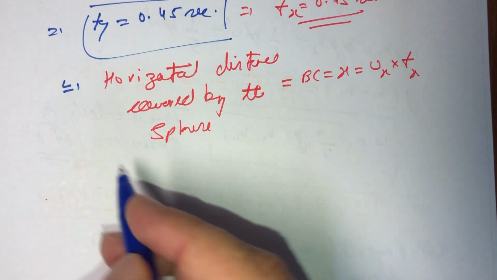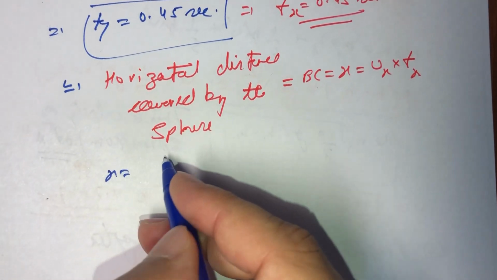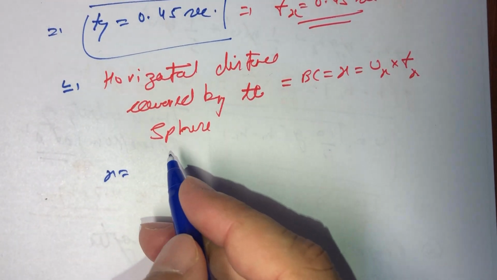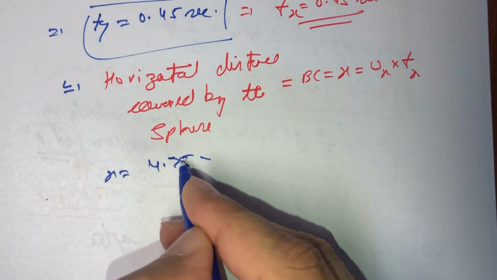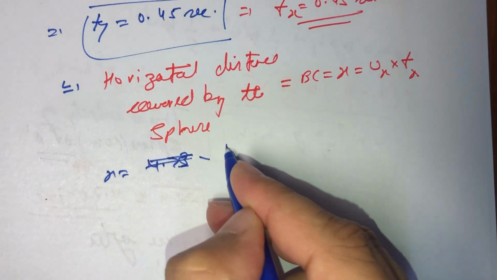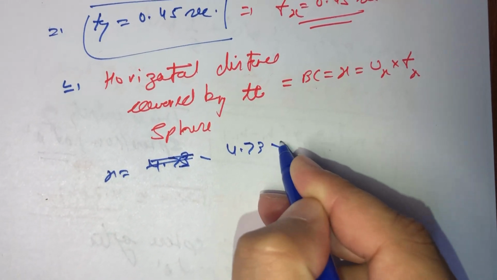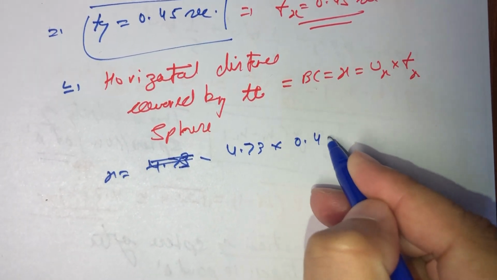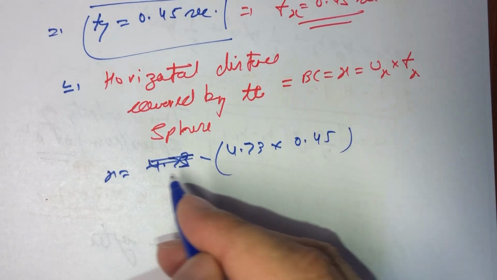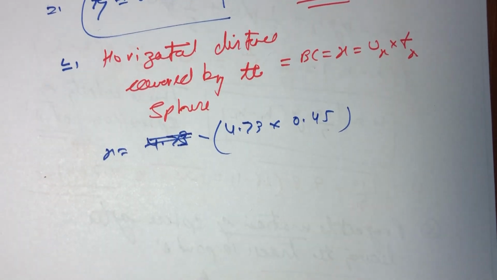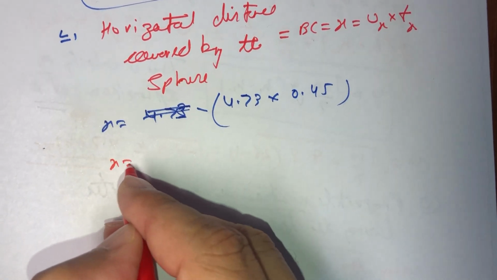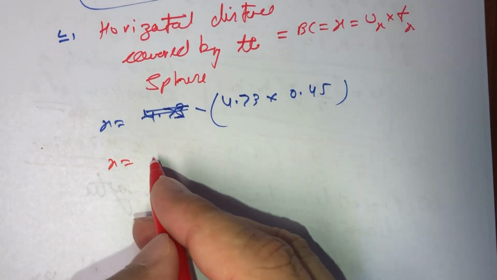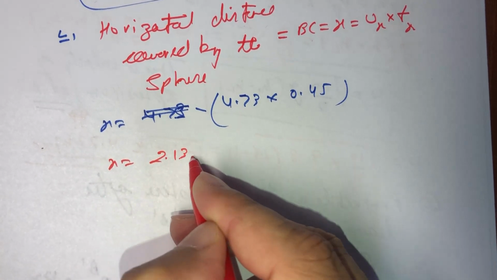We can say from here that x is equal to Vx, which we already know, 4.73, multiplied by 0.45. This is our x, and if you multiply it, it will be coming approximately equal to 2.13 meters.